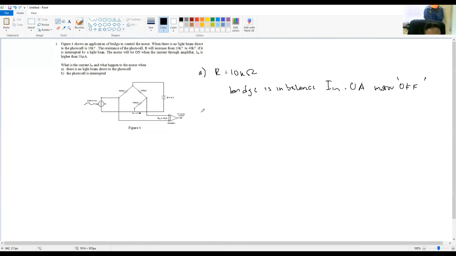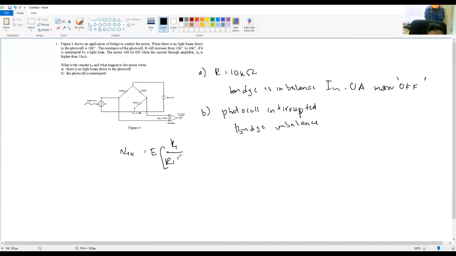For condition B, if the photocell is interrupted, that means the bridge is not balanced, we call it unbalanced. So first we have to calculate the VTH using the formula: R1 over (R1 plus R3) minus R2 over (R2 plus R4).